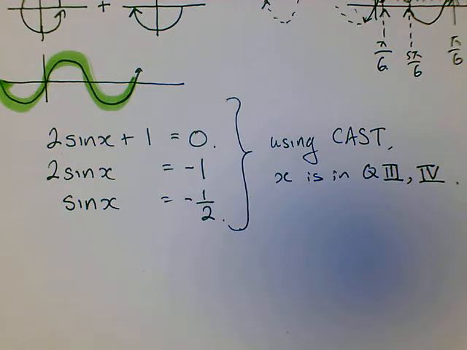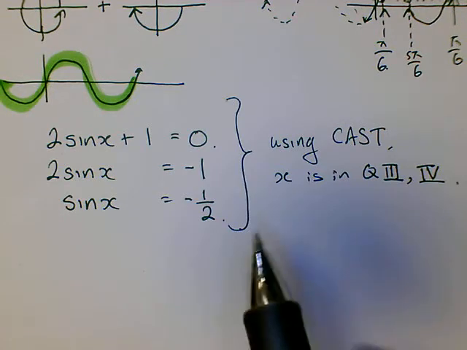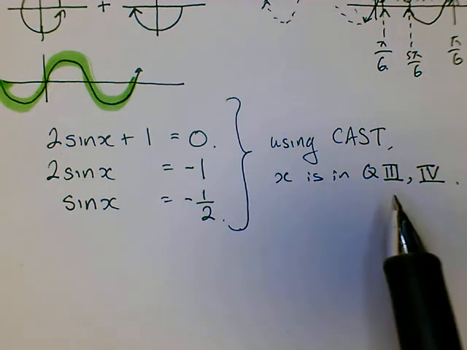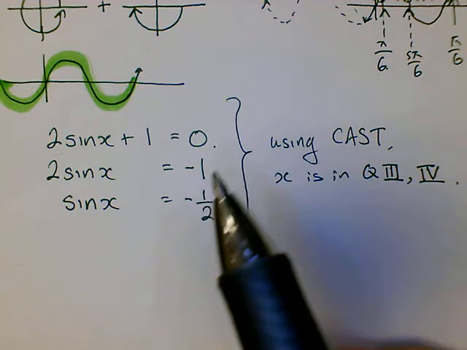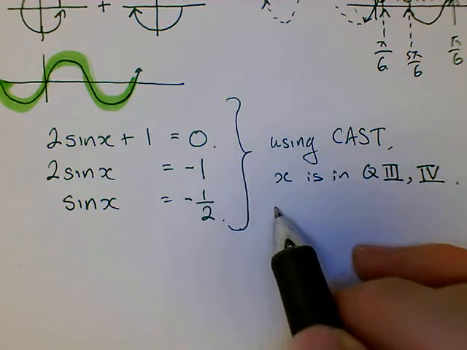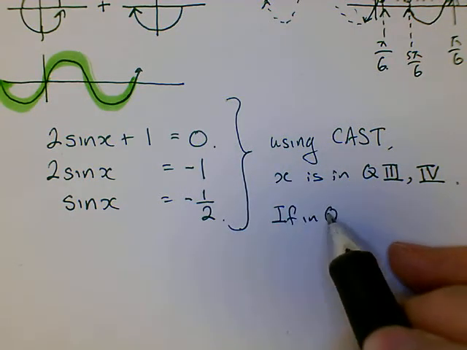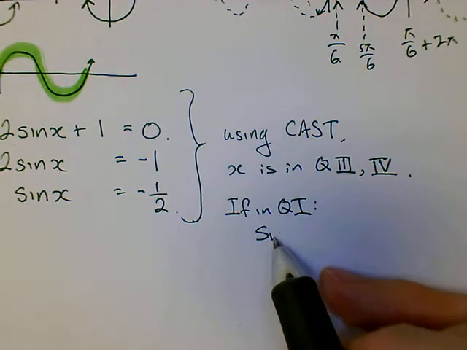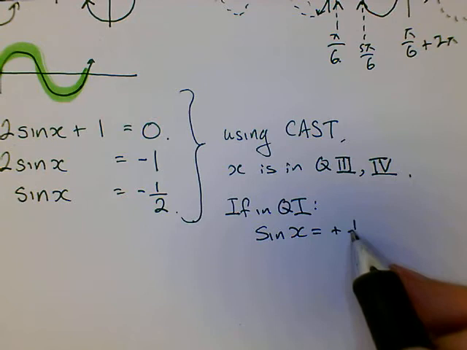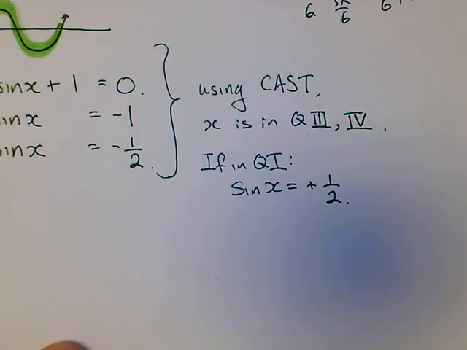So I'm not actually going to do even quadrant 3 or 4. I'm going to go straight into figuring out what the related angle might be. If it was in quadrant 1, sine of x would have been positive 1 over 2, because it would be positive.